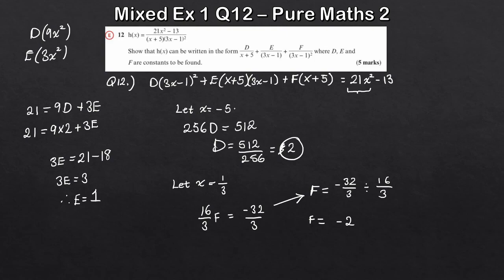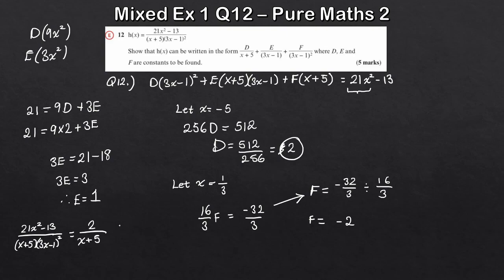And if you were to write that out, if I write it all out in full, 21x squared minus 13 over x plus 5 times 3x minus 1 all squared. Well, that's going to be equal to d over x plus 5, so d is 2. 2 over x plus 5.